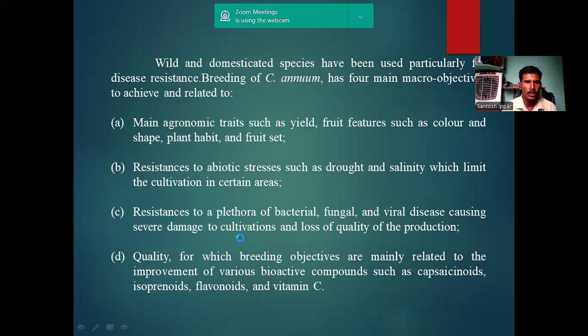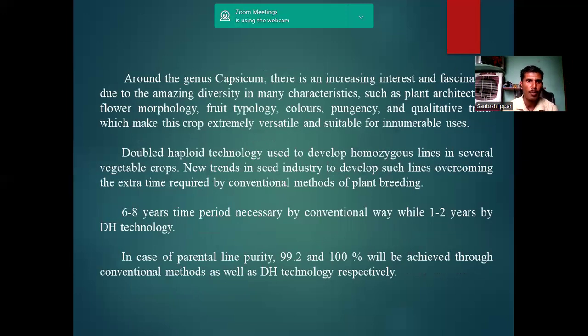Third one is the resistance to a plethora of, means a huge amount of, bacterial, fungal, and viral diseases causing severe damage to cultivations and loss of quality of the production. Fourth, that is the last one, is quality, for which breeding objectives are mainly related to the improvement of various bioactive compounds such as capsaicinoids, isoprenoids, flavonoids, and vitamin C.